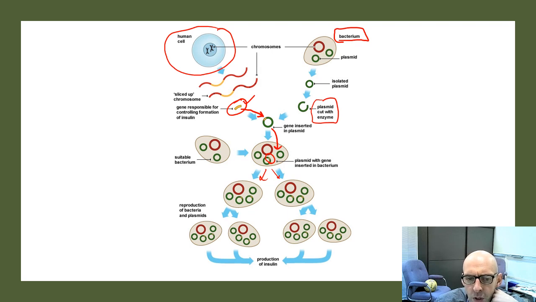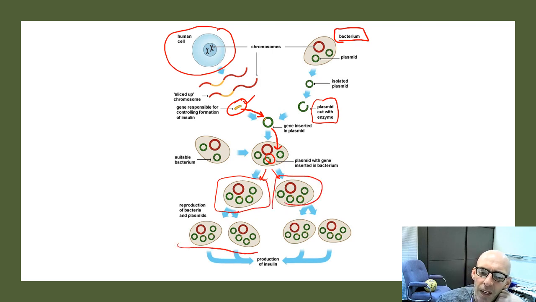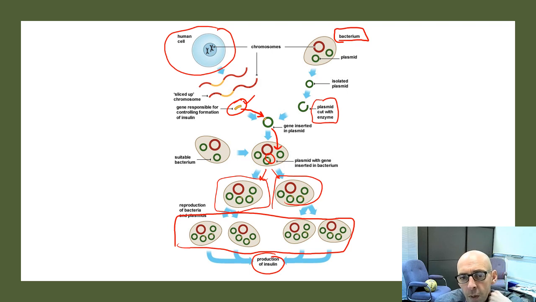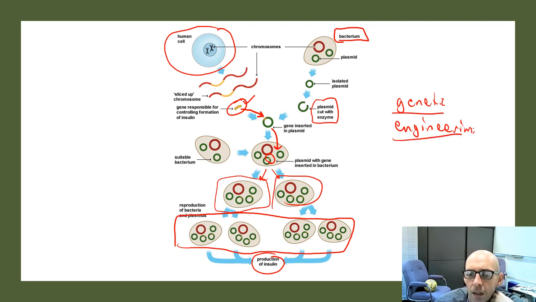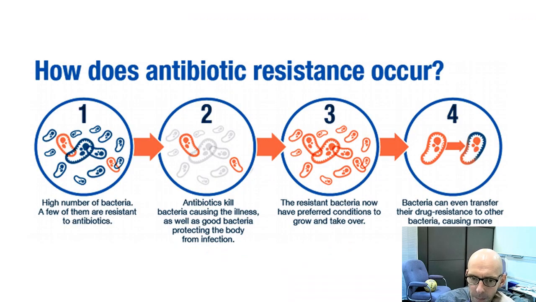And this bacteria now produces more bacteria that have the insulin gene, and so on and so on. And then we end up with millions of bacteria that every day will be producing insulin. So this is an example of where we have used genetic engineering, in order to produce the hormone insulin so that diabetics can inject it.